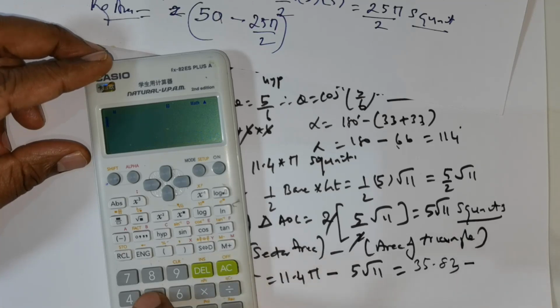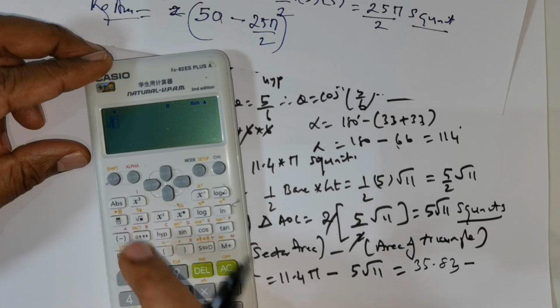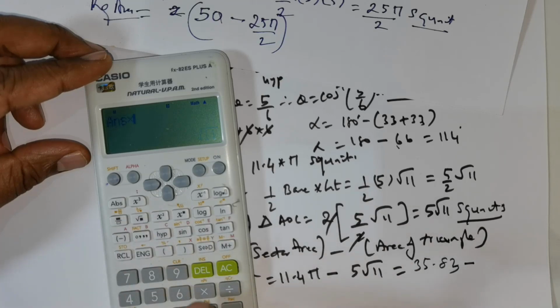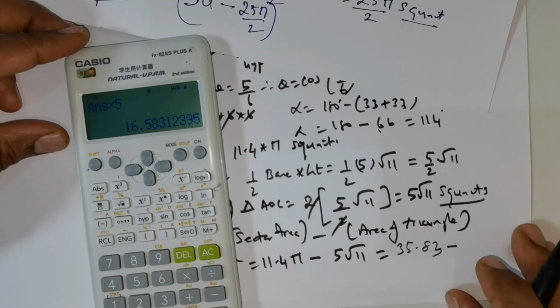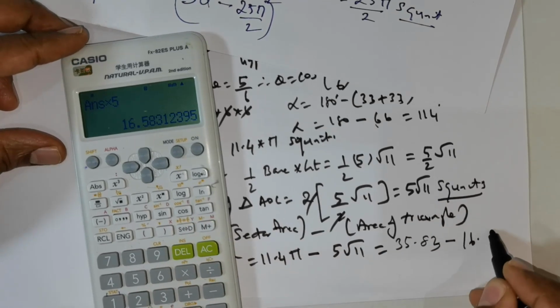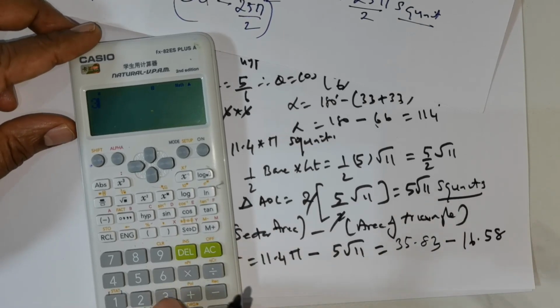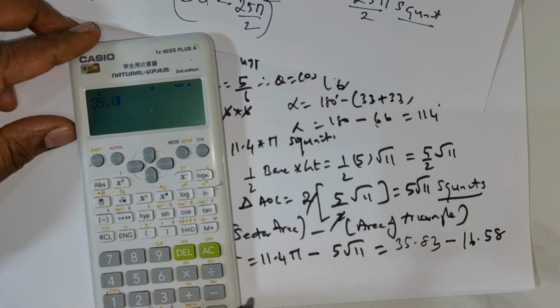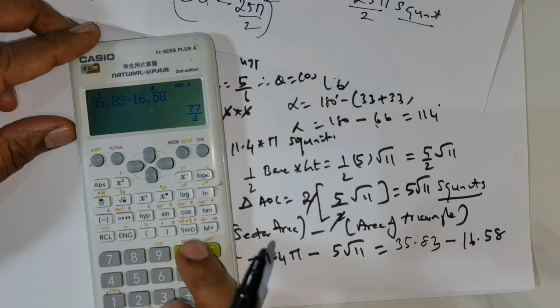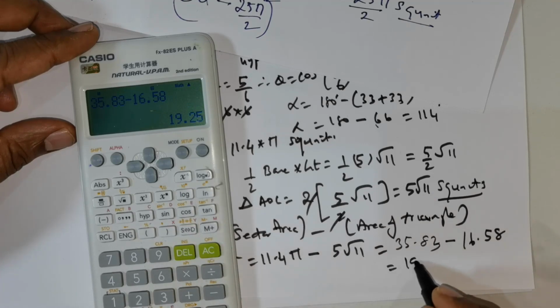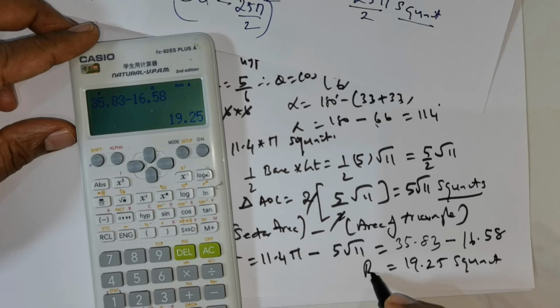Negative root of 11 multiplied with 5, that is going to give me 16.58. So 35.83 minus 16.58. This is equal to 19.25 square units, which is that R4.